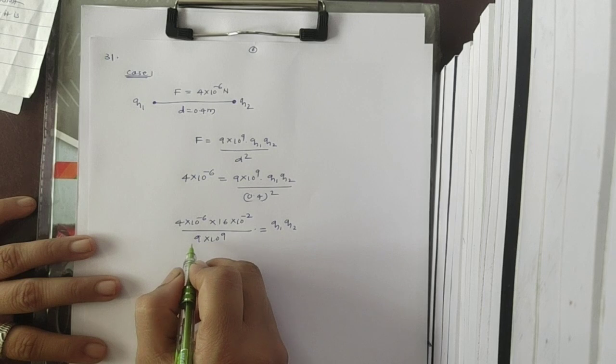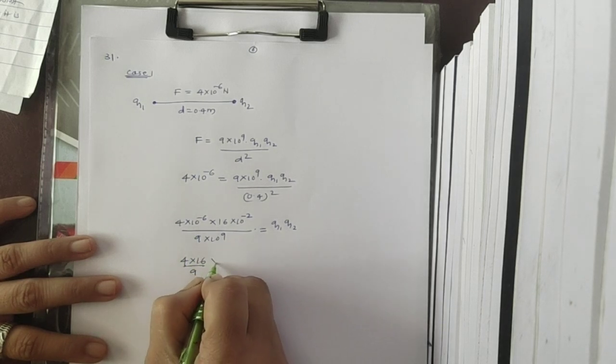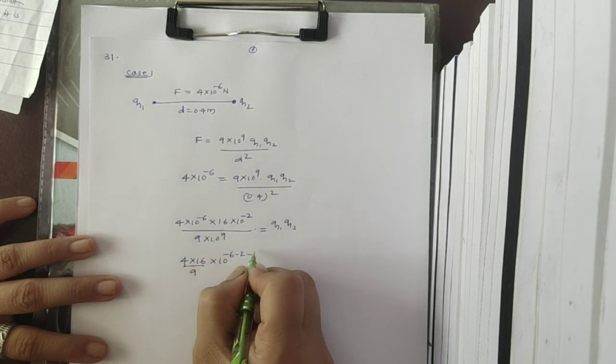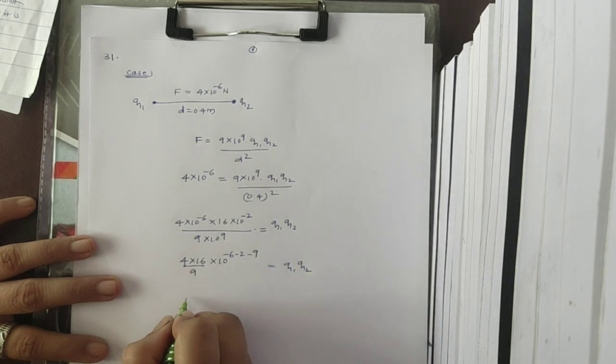Okay. Now simplify this. 4 into 16 divided by 9 into 10 to the power minus 6 minus 2 plus 9 minus 9. So Q1 into Q2.